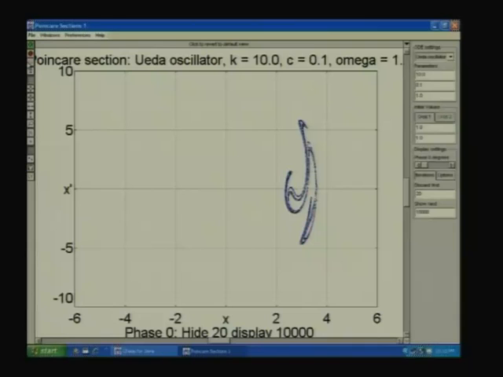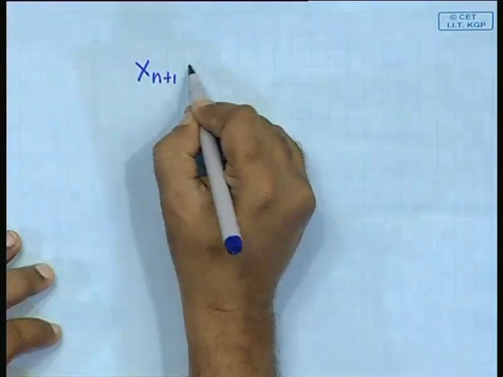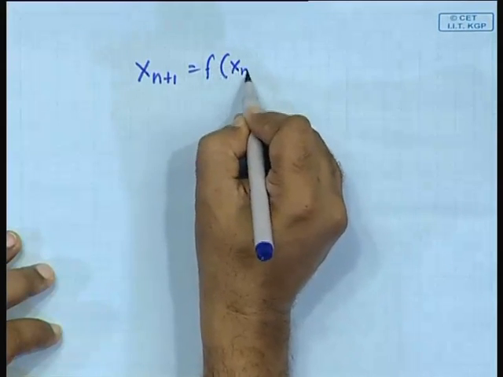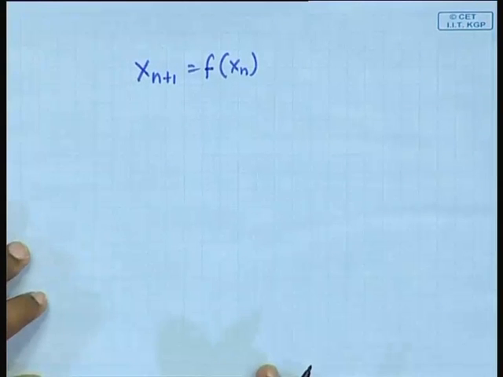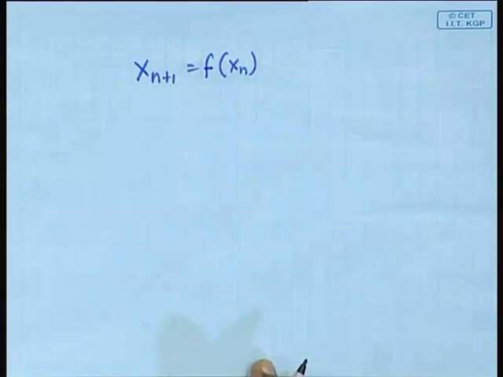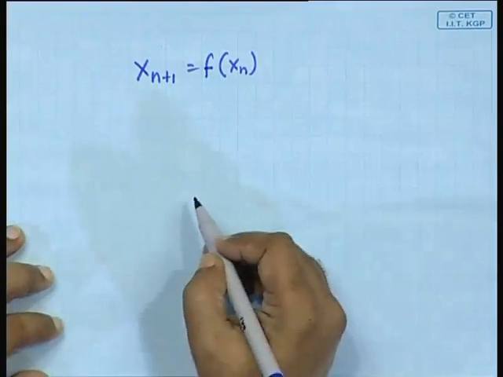Now, you might ask how actually to obtain this. How would we obtain that? Obtaining that will normally be a computational affair. Why? Because what are you actually doing?